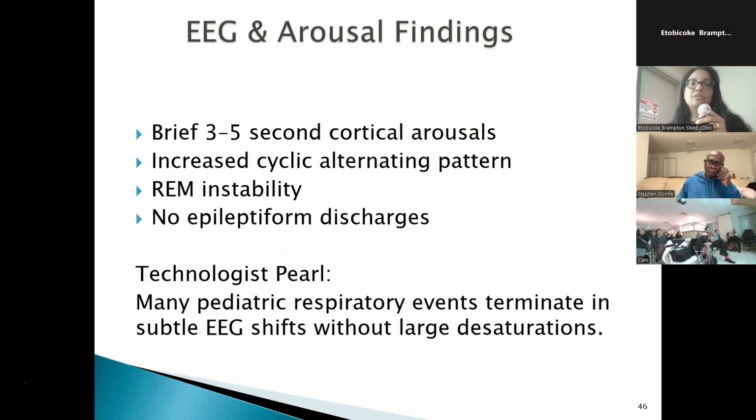EEG or arousal findings: brief 3 to 5 second cortical arousals, increased cyclic alternating pattern, REM instability, no epileptiform discharges. Technologist's work here: many pediatric respiratory events terminate in a subtle EEG shift without large desaturations.